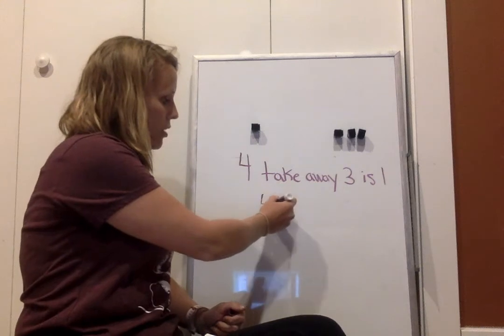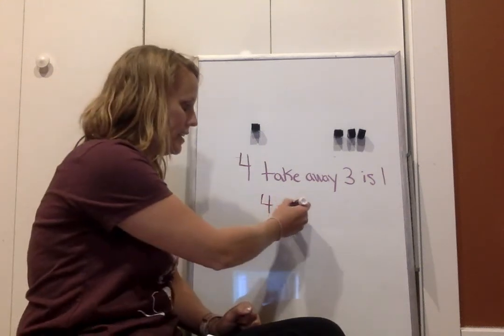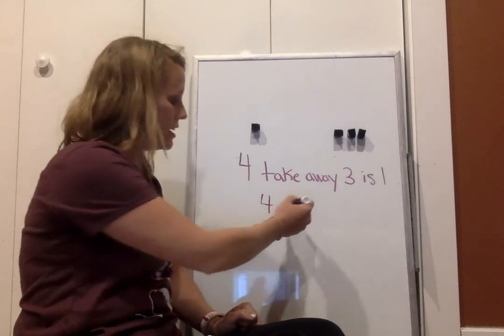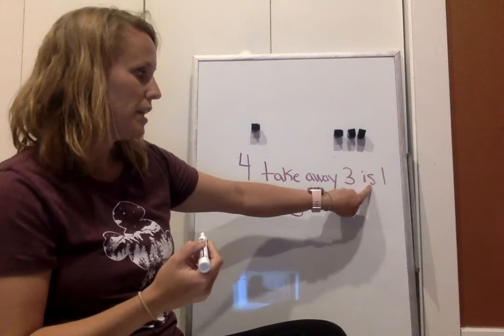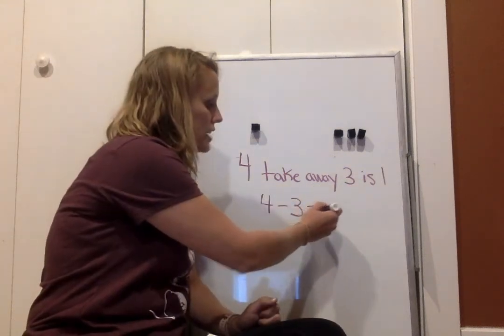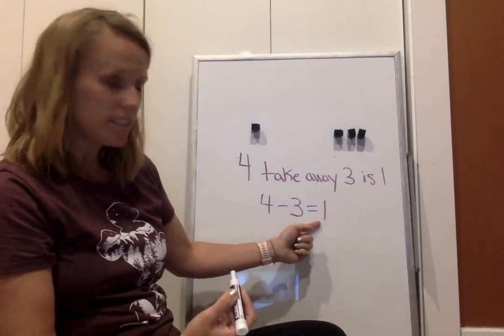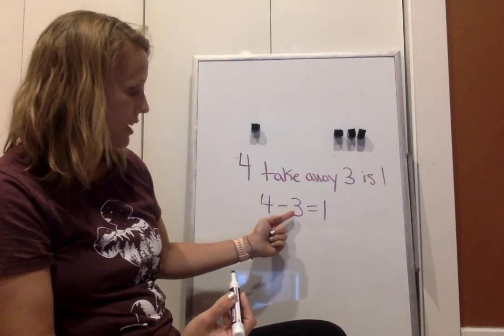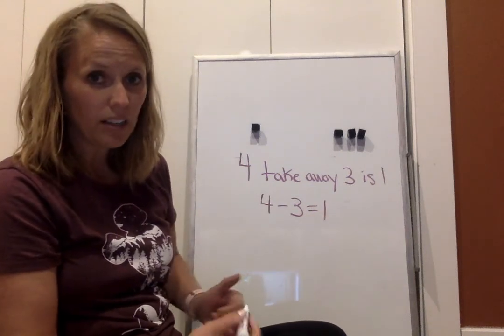We write 4, and instead of writing take away, we make a minus sign. That means minus 3. And what do we write instead of the word is? The equal sign, 1. And 1 is the difference. When you take 3 away from 4, 1 is the difference, or how many are left.